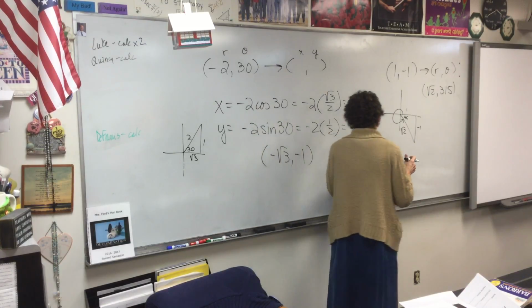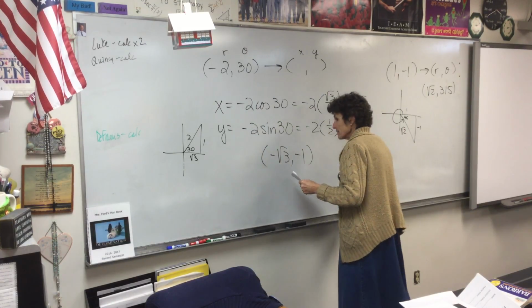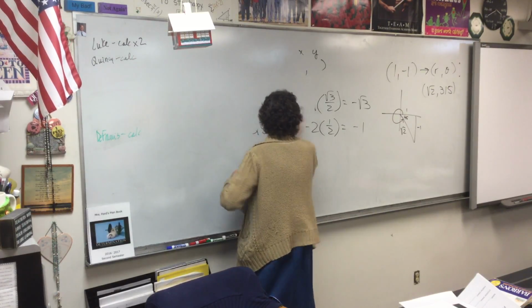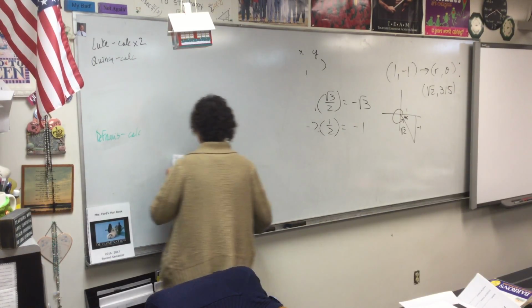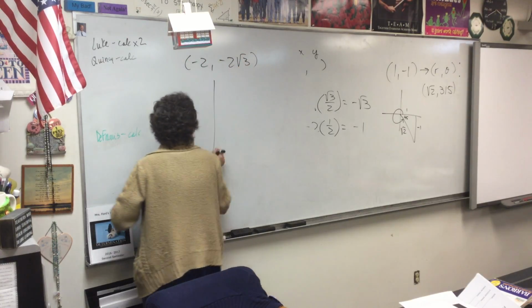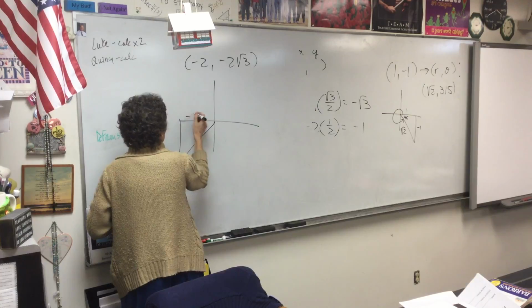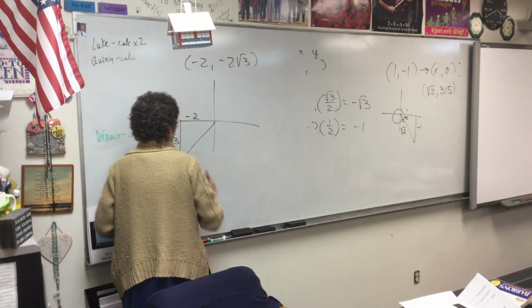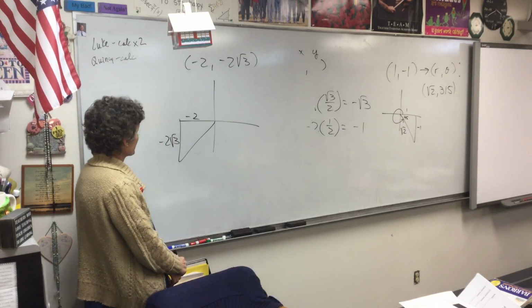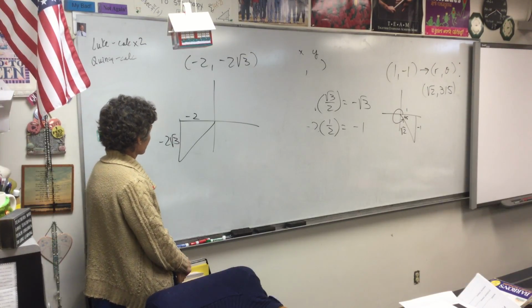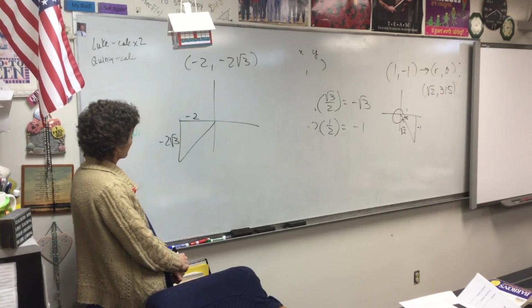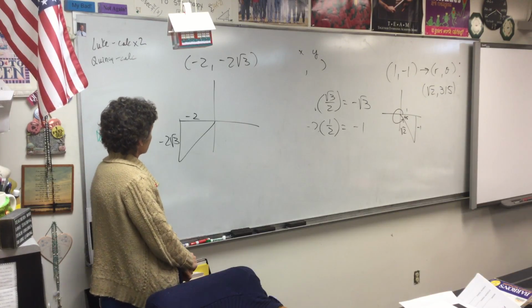Now, the next one is exactly the same, so let's do it exactly the same way. That point is down here. Okay, so let's find r and theta. So what would r be?